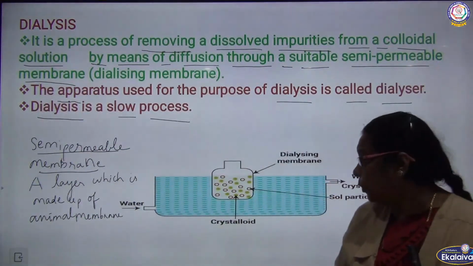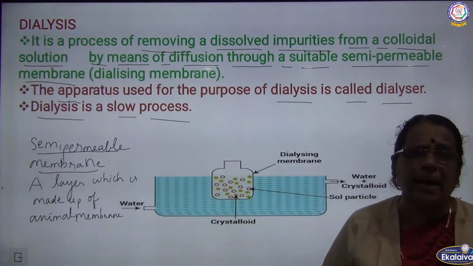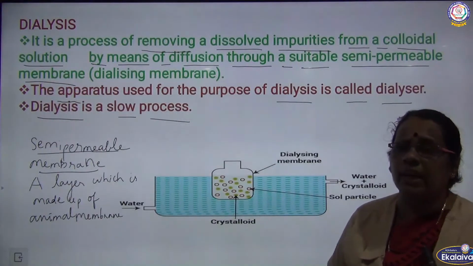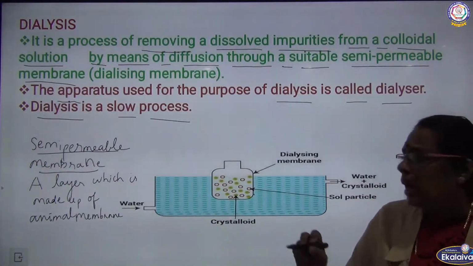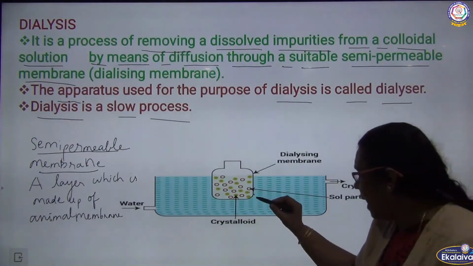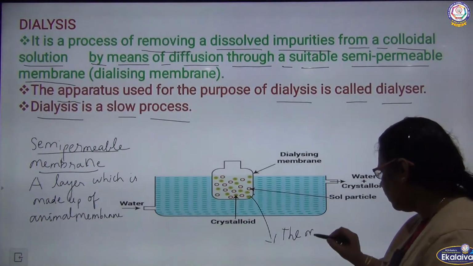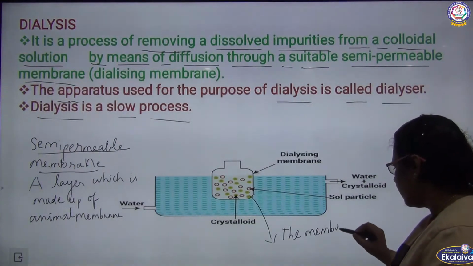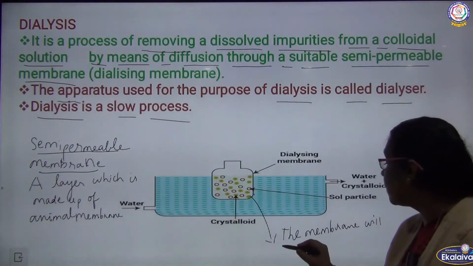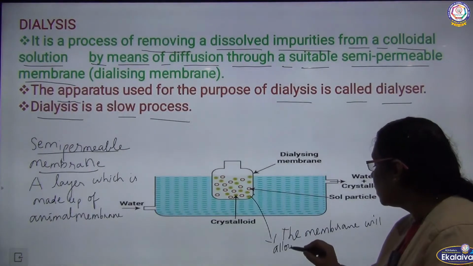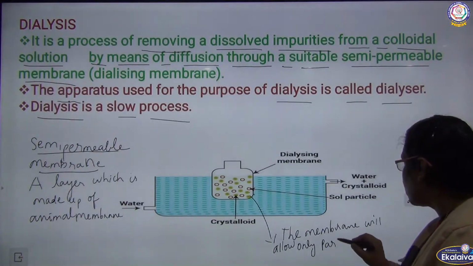So I have taken a colloidal solution in a semi-permeable bag. What is the use of this semi-permeable bag? The membrane will allow only a particular type of ions to pass through.